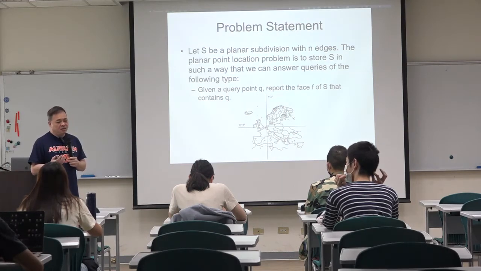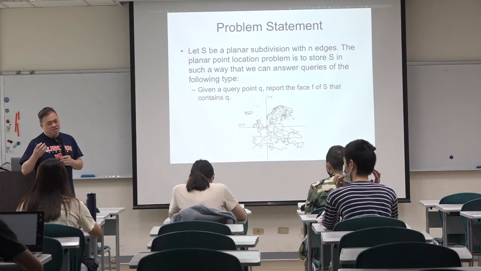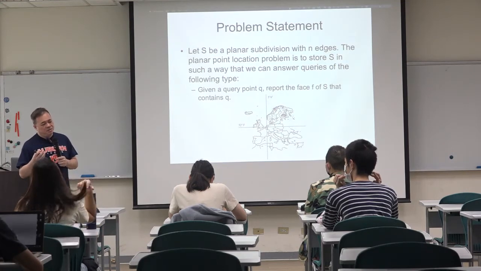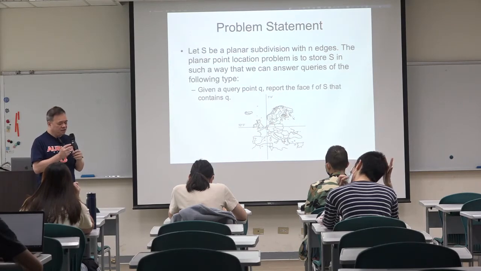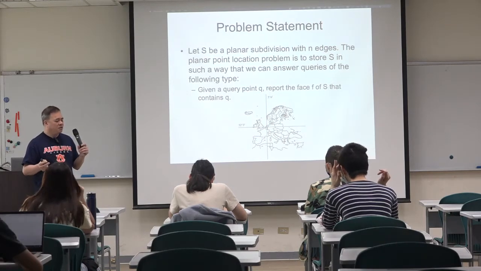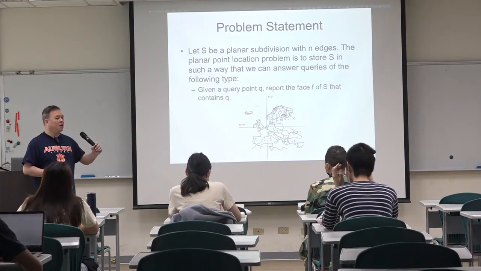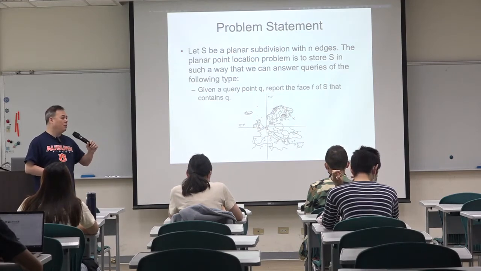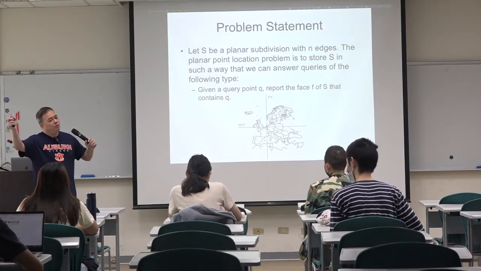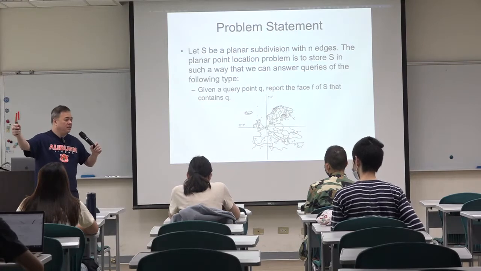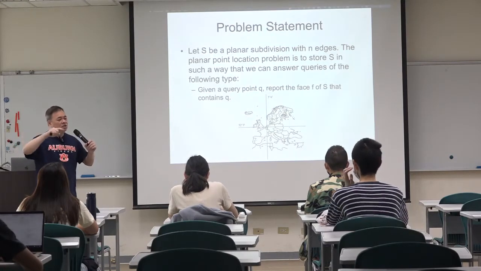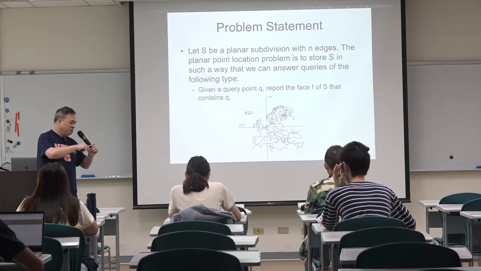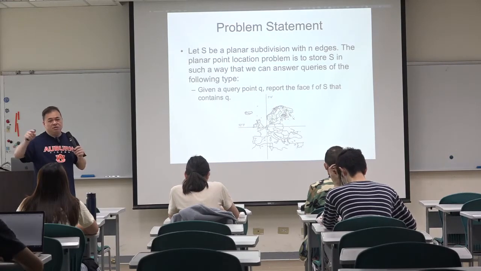A navigation system consists of two parts. The first thing is to find where you are, as well as where the destination is, of course. The second thing is to find a path that goes from your current location to the destination, right?